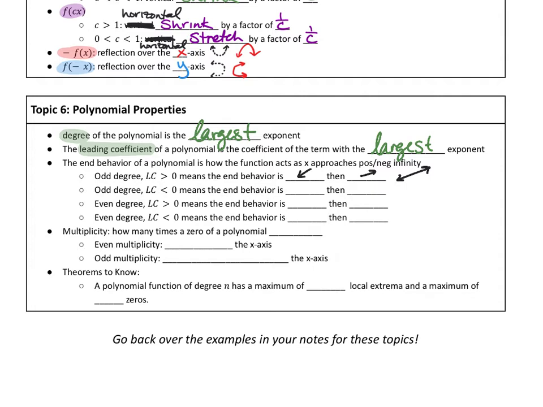As x approaches -infinity on the left, my graph approaches -infinity. As x approaches positive infinity, then my graph approaches positive infinity. For an odd degree polynomial with a leading coefficient that is negative or less than 0, odd is opposite, and a negative leading coefficient means my function is going to look something like that. So I have up on the left and down on the right.